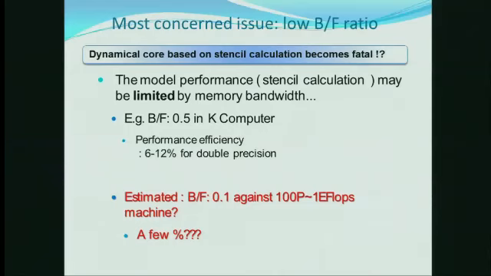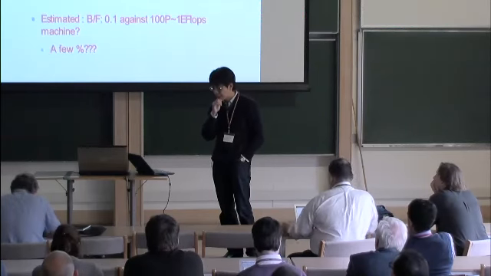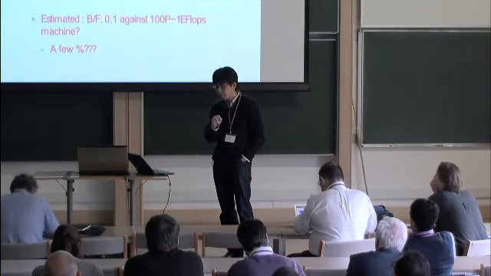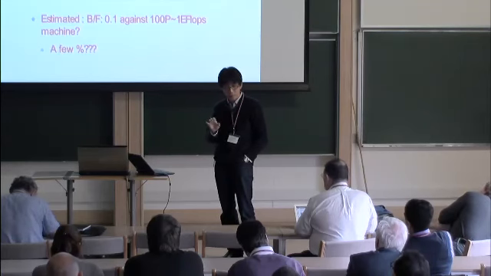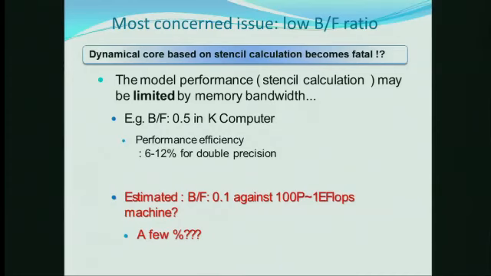The most concerning issue is the low byte per flops ratio. The dynamical core, especially one based on the stencil calculation, may become fatal. The model performance based on the stencil calculation may be limited by the memory bandwidth. For example, we have already experienced this on the K computer.